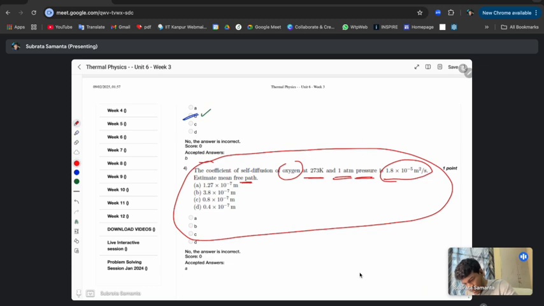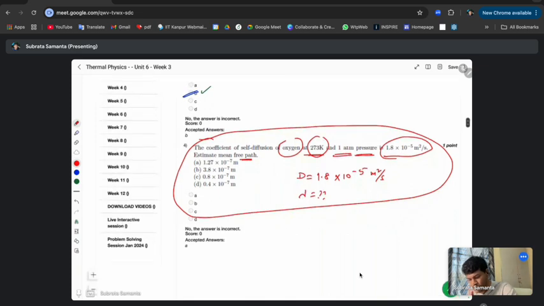So D is the diffusion coefficient, given as 1.8 times 10 to the power minus 5 in SI unit, meter square per second. Calculate lambda, at temperature 273 Kelvin and pressure 1 atm, standard pressure.